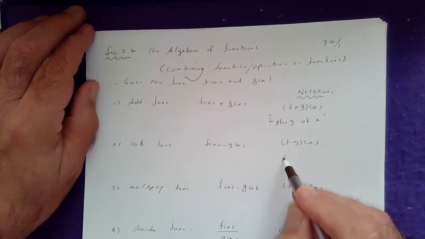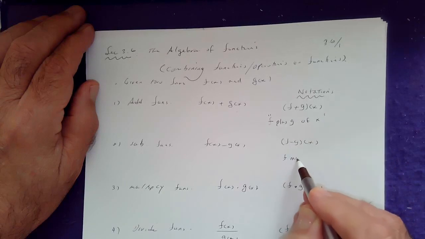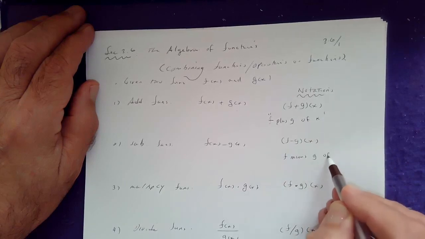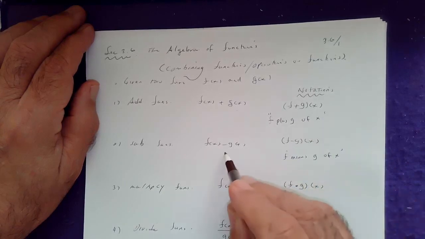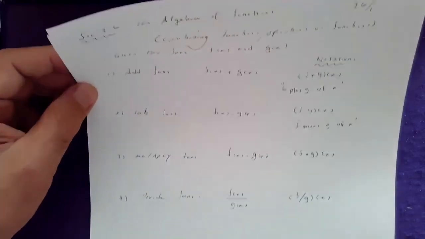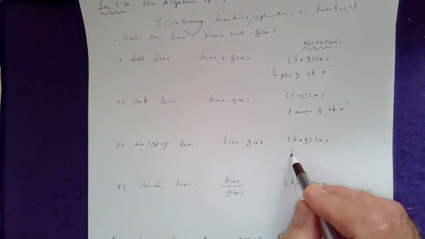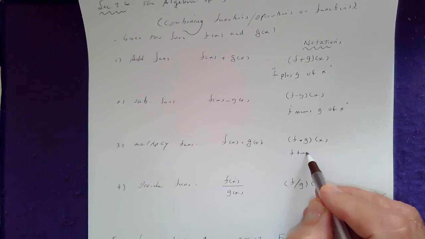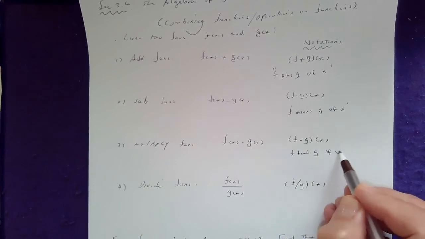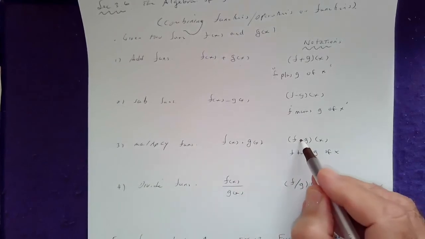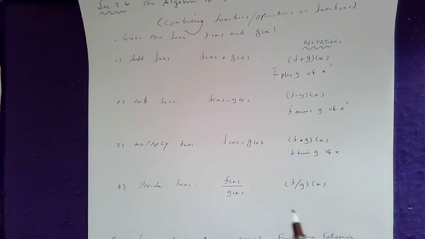You read this as f minus g of x, which means subtract two functions. This one is multiplication, and you read this as f times g of x. Notice there has to be a big old dot here. And this one is f divided by g of x.